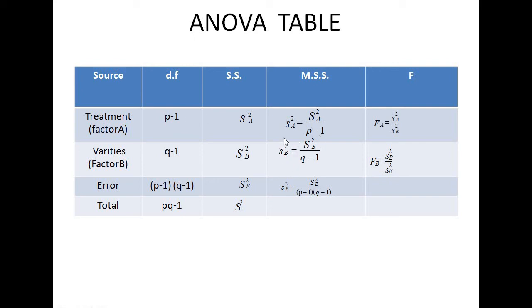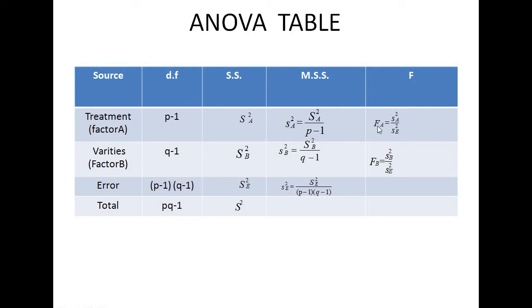Similarly, mean sum of square due to factor B is obtained by dividing the total sum of square due to factor B by their respective degrees of freedom. And error mean sum of square is obtained by dividing the error sum of square by their respective degrees of freedom. And these are the final F-test result.